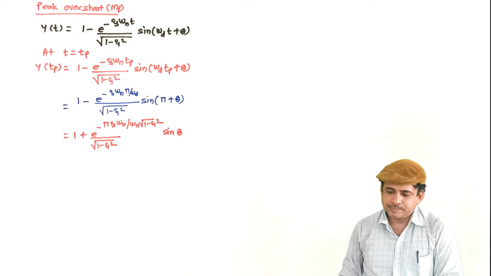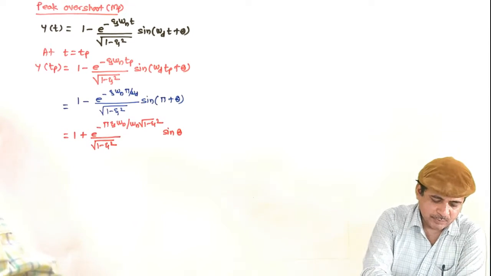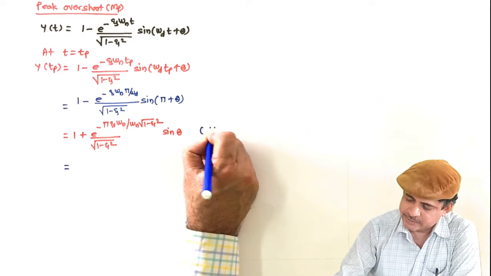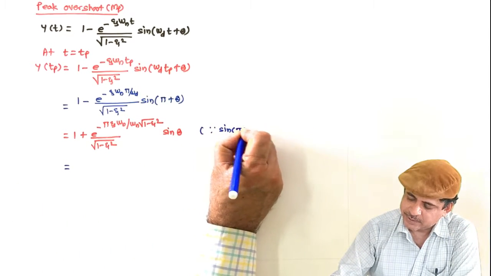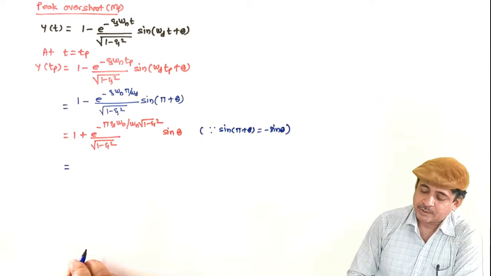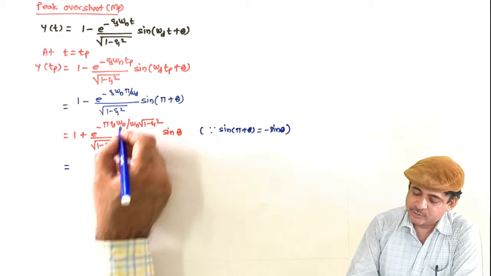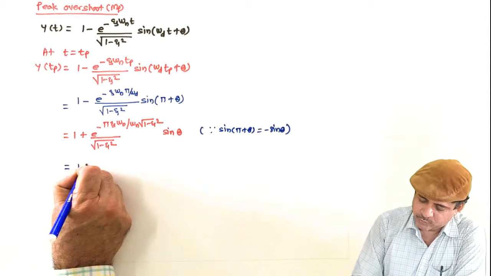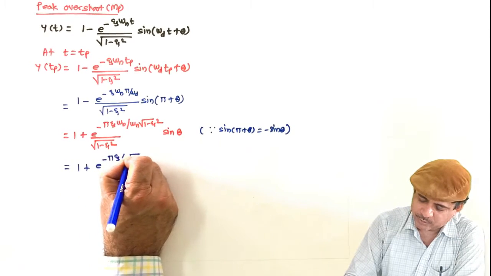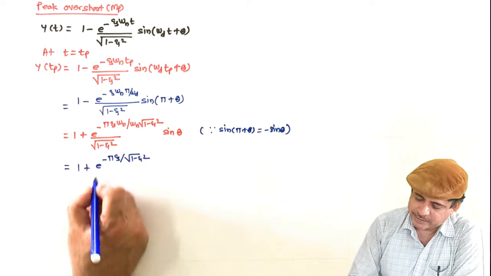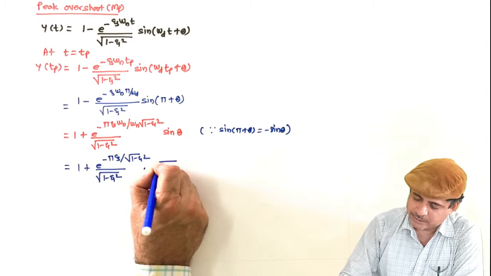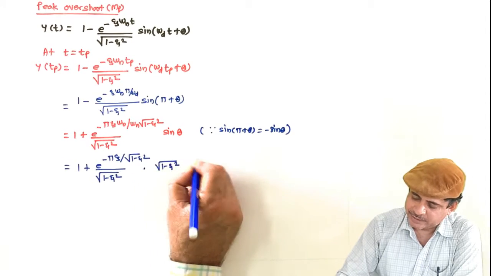Next, this omega n gets cancelled, so it is 1 plus e raised to minus pi zeta upon under root 1 minus zeta square divided by under root 1 minus zeta square into sin theta.